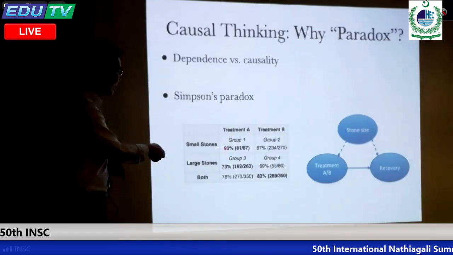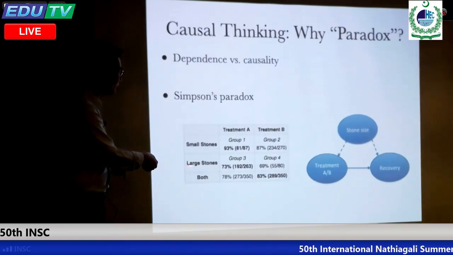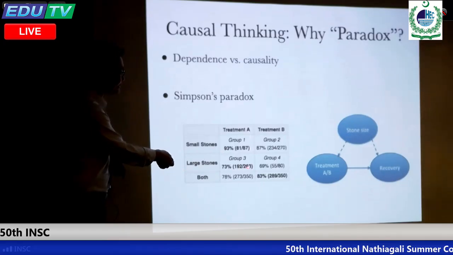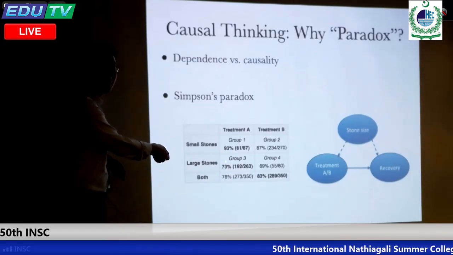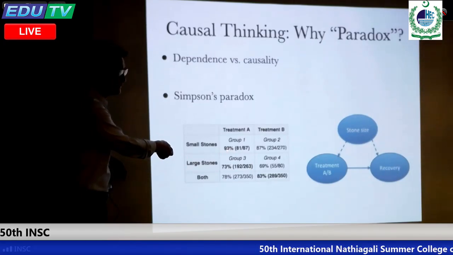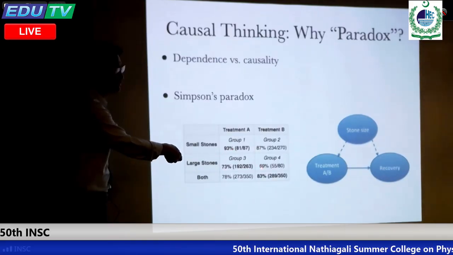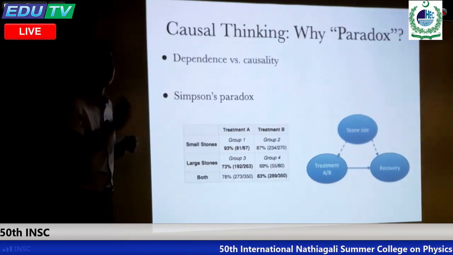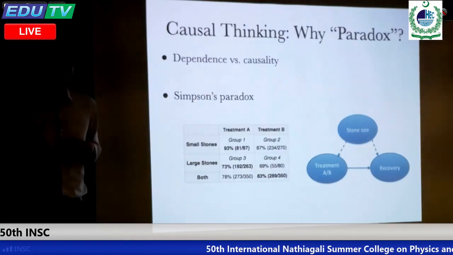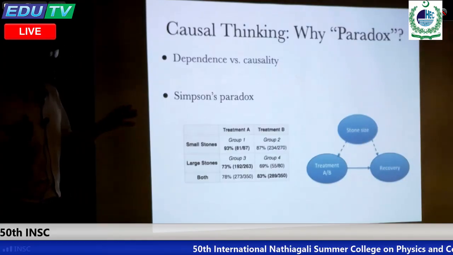And for those with large stones, A is also better, as you can see from the higher recovery rate: 93% versus 87%, 73% versus 69%. So A is always better across the two groups of patients.